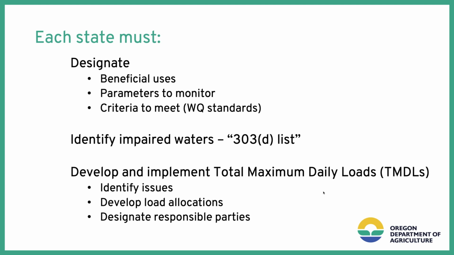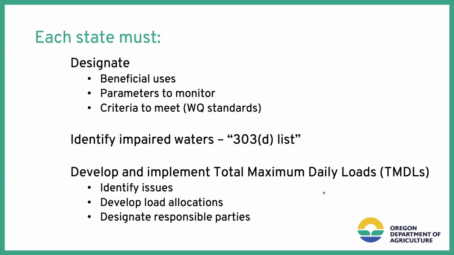So some of the requirements from the Federal Clean Water Act are that each state must do the following things. Again, they still adapt these requirements to their own state. So they must designate the beneficial uses of water related to water quality. They have to identify parameters that need to get monitored and criteria that need to be met.